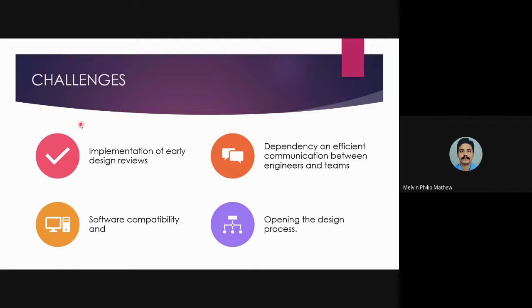One of the problems of concurrent engineering is that we have to have early design reviews. We have to create a design much earlier than the time given in the designing period of the designing department of the industry. That is one of the challenges.